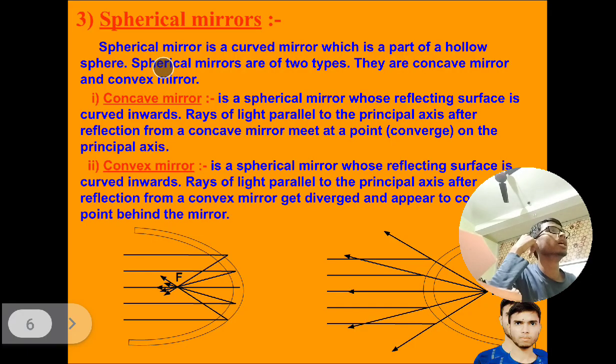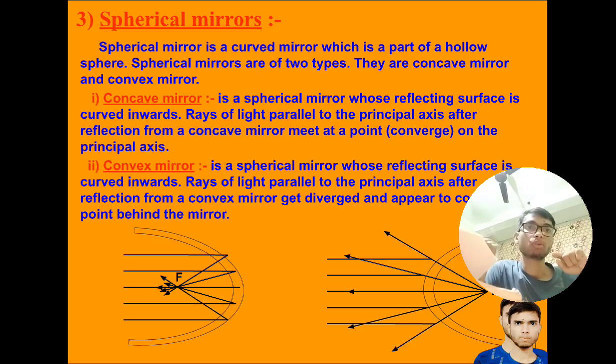Let's see what a spherical mirror is. A spherical mirror is a curved mirror. We have talked about the plane mirror. Now we are going to enter the discussion of spherical mirrors. From the spherical mirrors, we will take two types of mirrors. First is a concave mirror, second is a convex mirror.